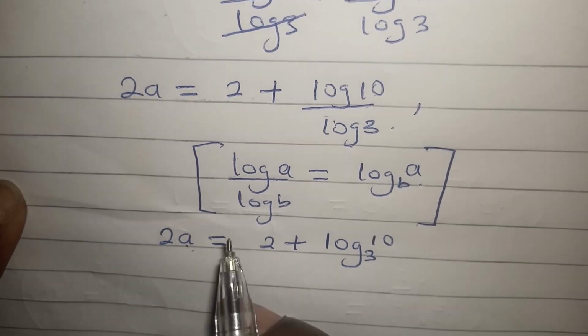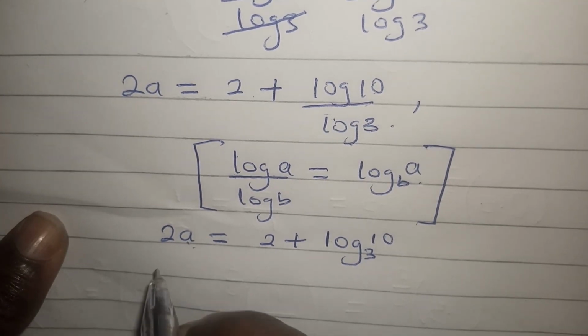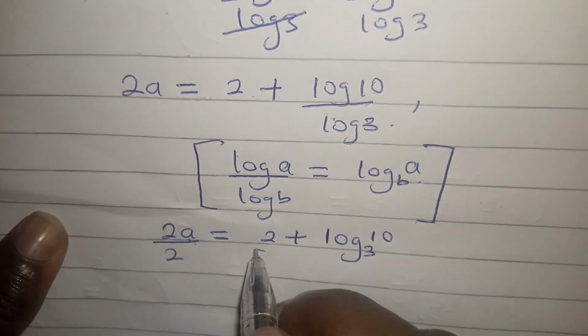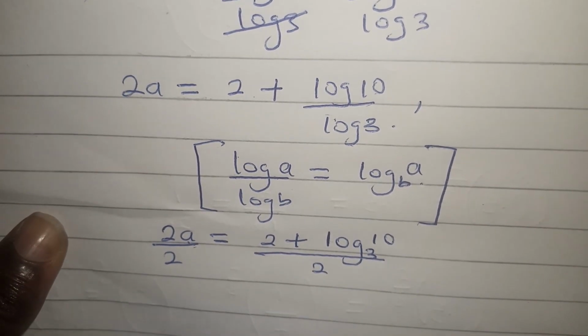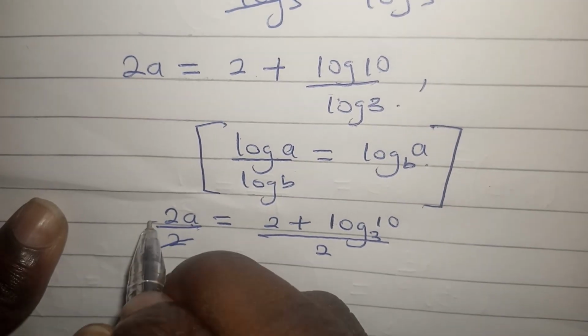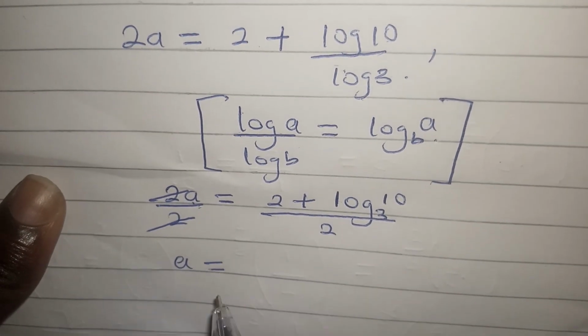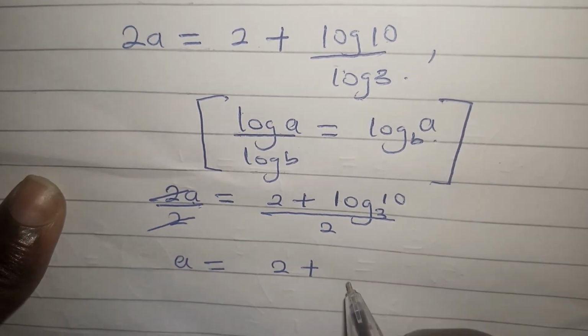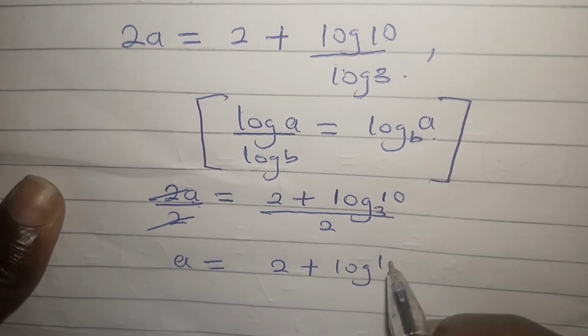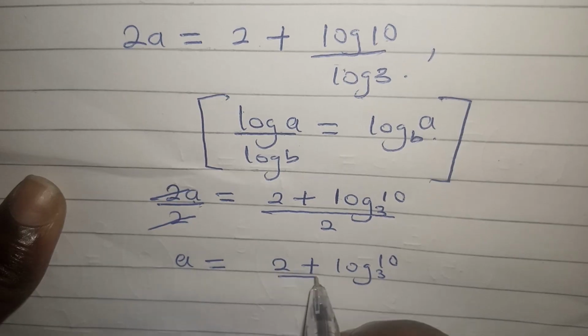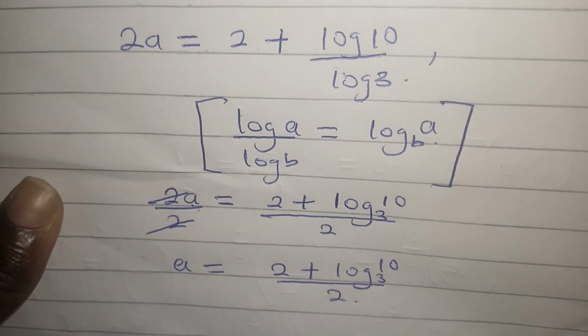Since we are looking for a, we divide both sides by 2. So this will go with this. We are now having a equals 2 plus log 10 to base 3 over 2.